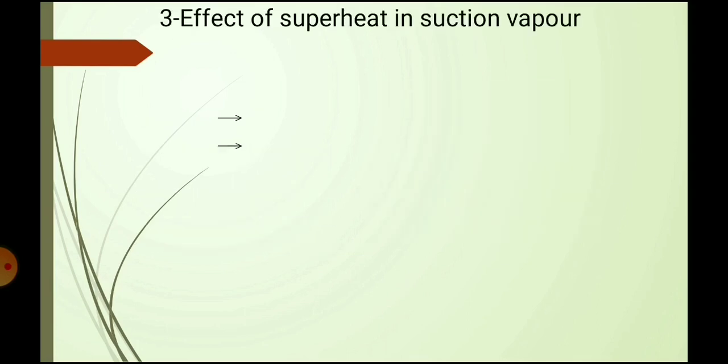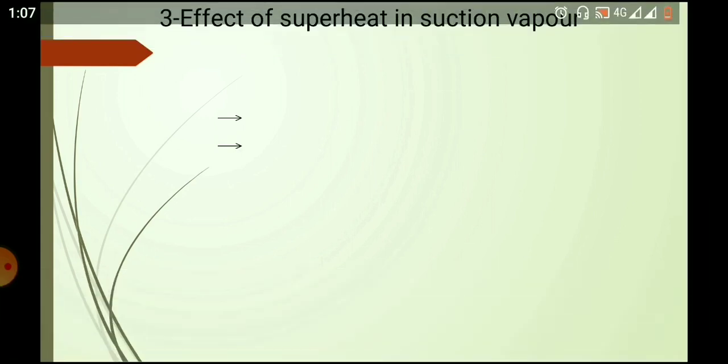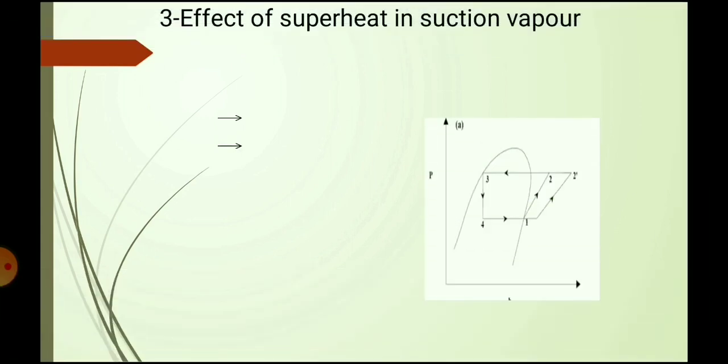Clear? Next one is the effect of superheat in the suction vapor. Suction means at the inlet of the compressor. That means at the inlet of the compressor the refrigerant is superheated. Here 1, 2, 3 and 4 is the ideal cycle.